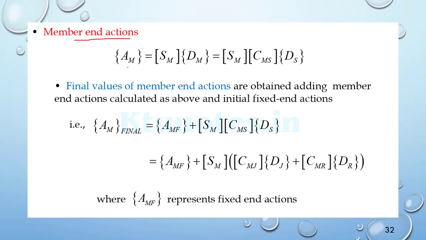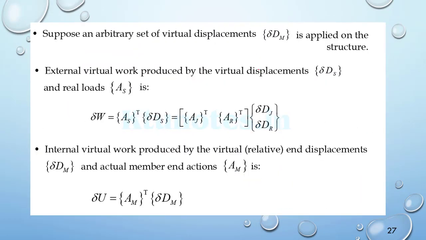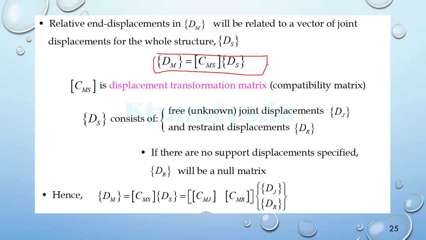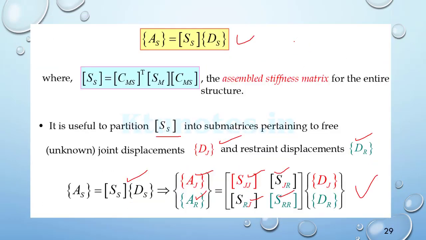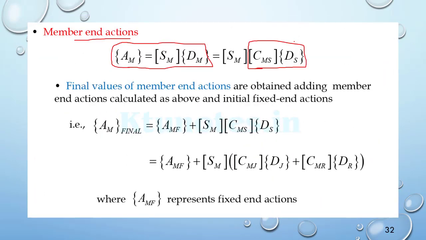The member end actions AM is equal to SM into DM, and DM can be written as CMS into DS, by the displacement transformation matrix. The final values of member end actions are obtained by adding the member end actions calculated as above and the initial fixed end actions.